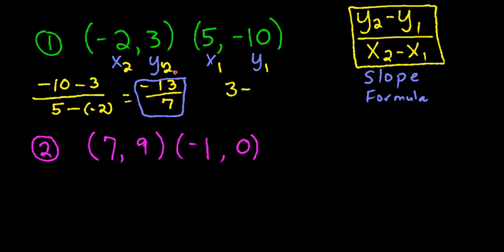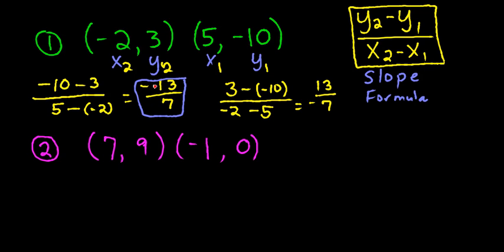I'm going to subtract my first y, which is negative 10. That's all going to be over my second x, or x2, which is negative 2, minus my first x, which is 5. Now again, I've got 3 minus negative 10. So that's going to be 3 plus 10, or 13, over negative 2 minus 5, which is negative 7.